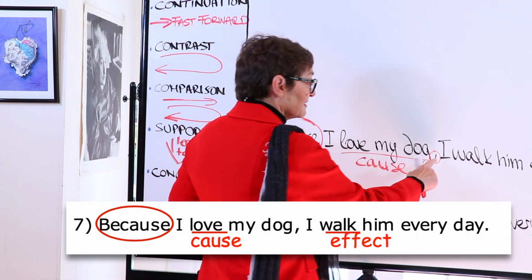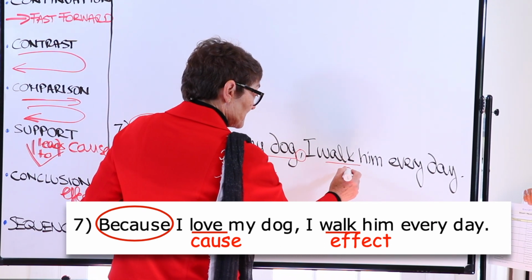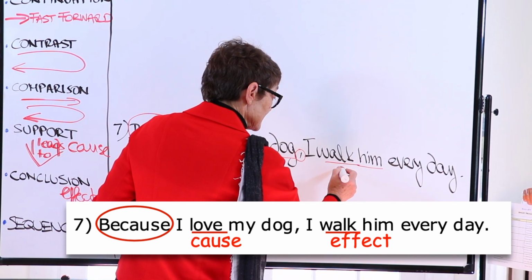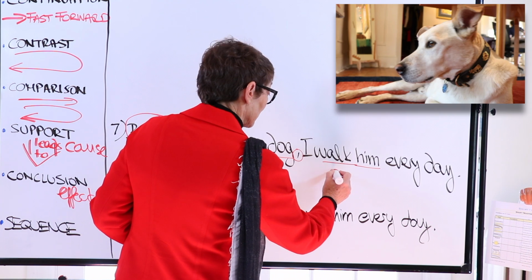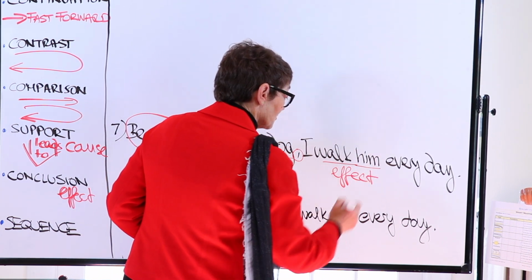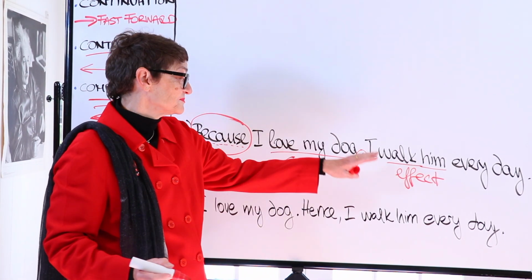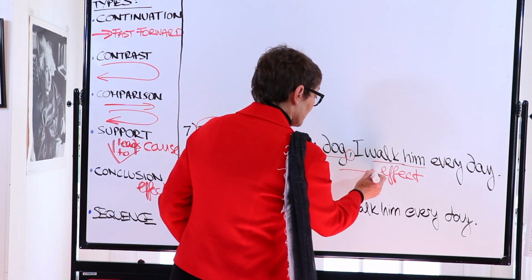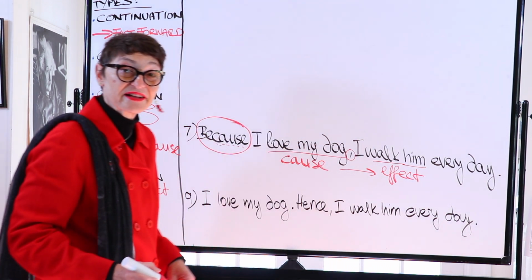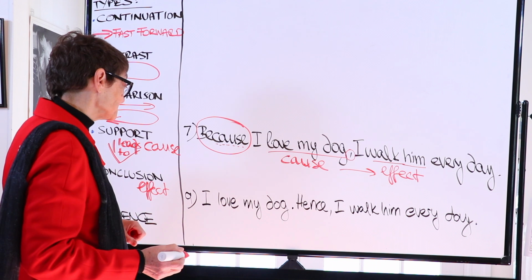Because I love my dog, comma, I walk him every day. And yes, that's my dog, Lux. I love walking him. And so clearly, this is the effect. Cause, effect. The cause has to lead to the effect. Makes sense, right?